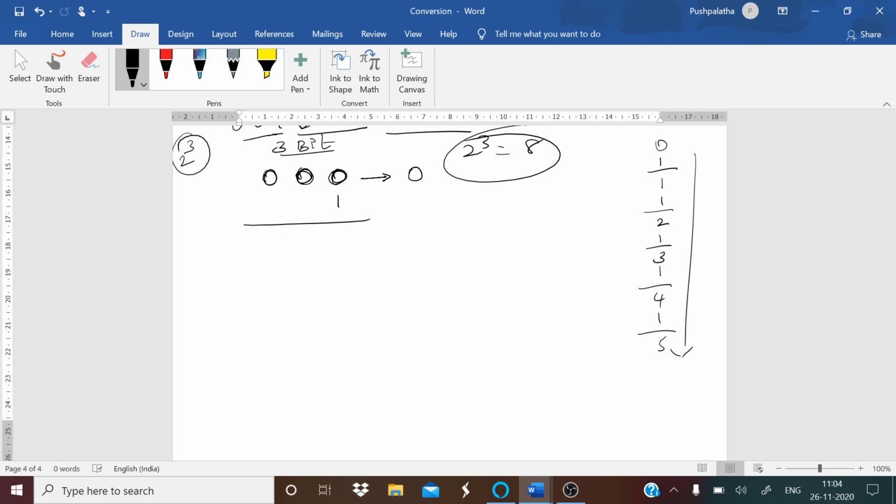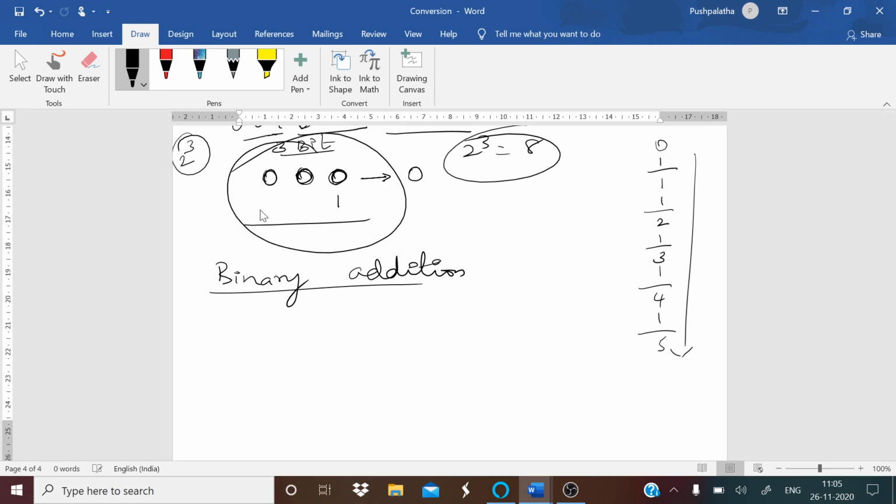If you are going to add 1 over here, what happens? 0 plus 1. You have to follow the method of binary addition for this part. What do you mean by binary addition? Before going for this representation, let us know about the binary addition. We are going to add using 2 numbers.